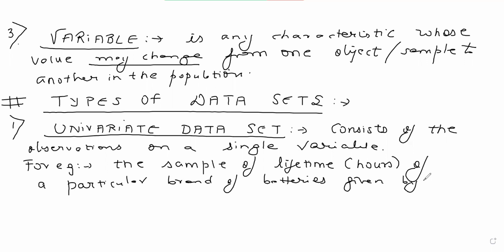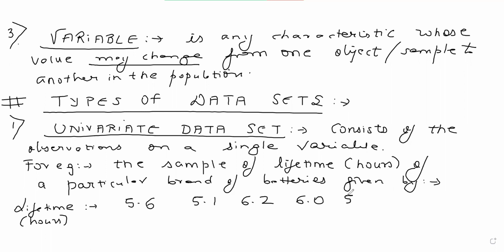Our variable is lifetime in hours, and then we are given some data. 5.6, let's say the first battery operates for 5.6 hours, 5.1 hours. I've taken this example exactly from the book Devore. So I can randomly take some numbers.